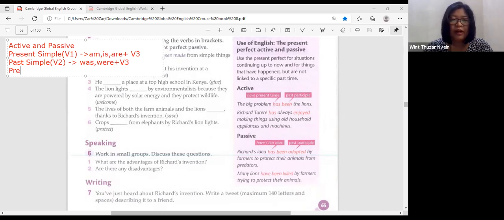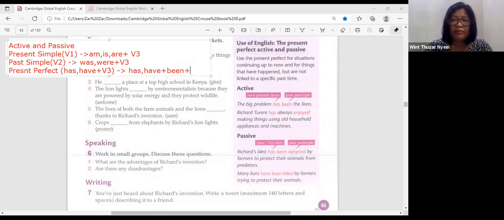We see present perfect, and we have to change. Present perfect is has, have, plus verb 3, no? And we will change into has, have, plus been, plus verb 3.